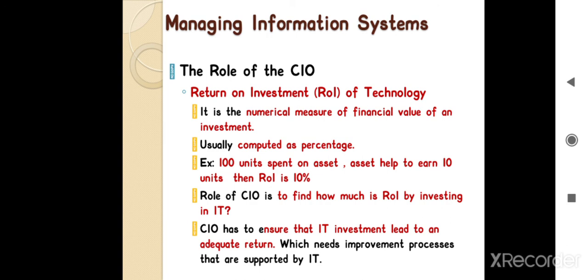The CIO has to ensure that by making use of that IT investment, they are getting an adequate return. At least whatever we invest, that investment should be returned back to me. That is the main assurance by the CIO, so the processes that are supported by IT need to be thought about and improved.